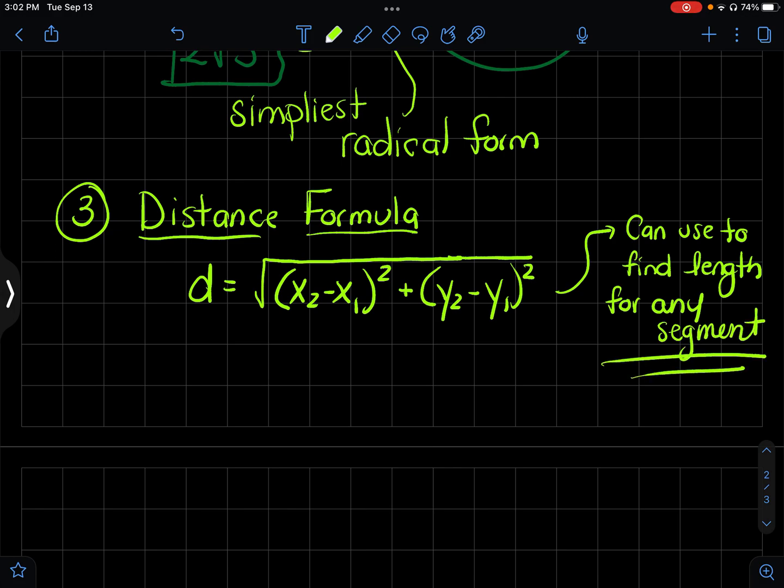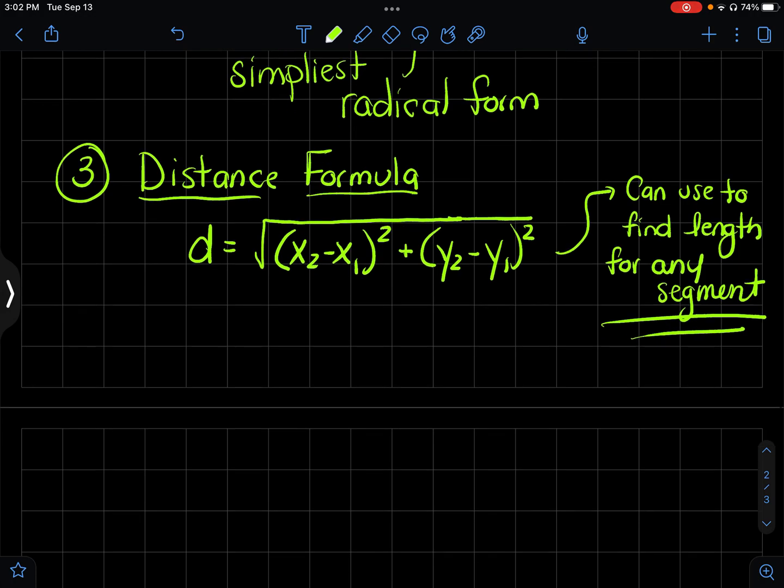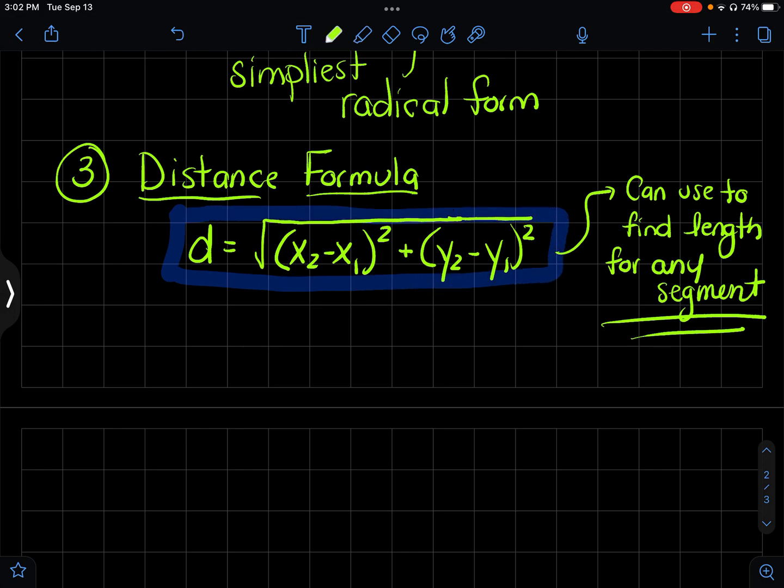It doesn't have to be horizontal, it doesn't have to be vertical, it doesn't have to be neither horizontal or vertical. This will work for everything. Now, the beautiful thing about this is that if you memorize this formula, then this is a tool that you can put in your tool belt to find length.